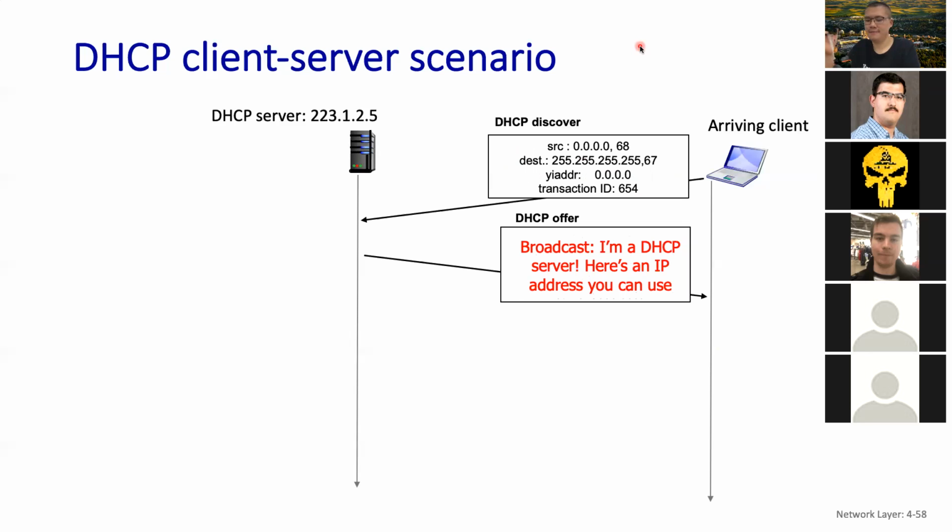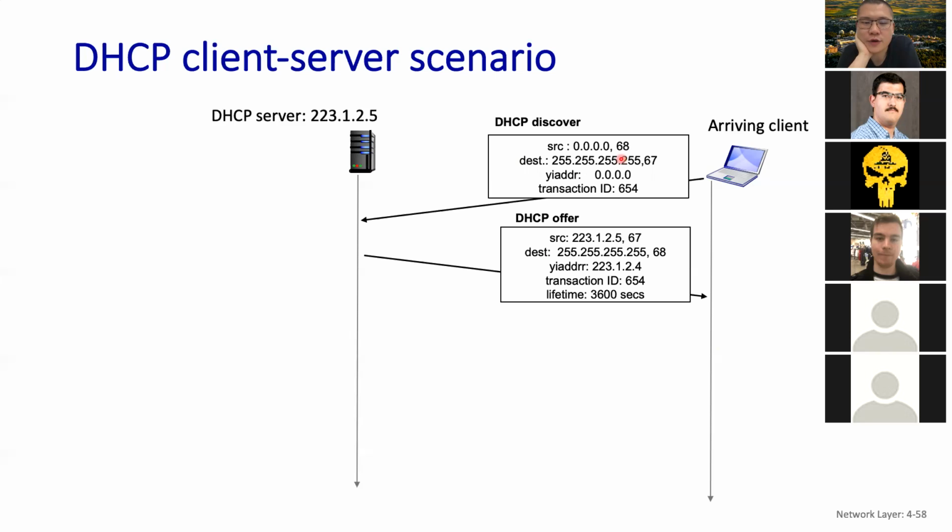Yes, right. And how do these 67 and 68 come into play? Oh, you mean this source IP? How does it come up with the 68, just randomly? Yeah, I think it's random.